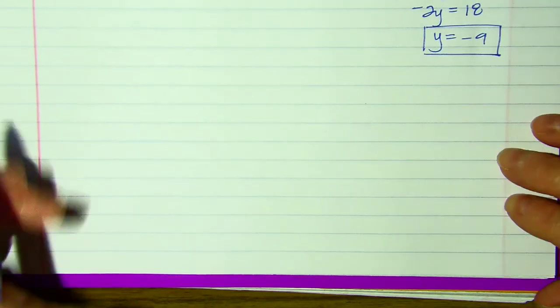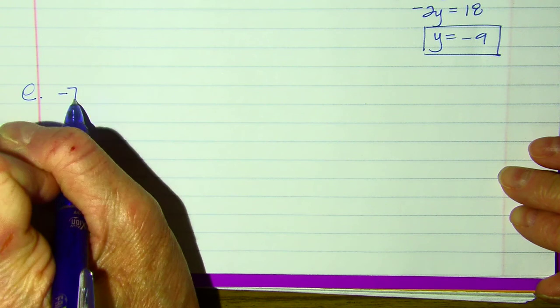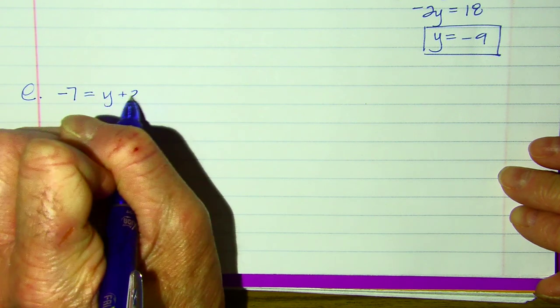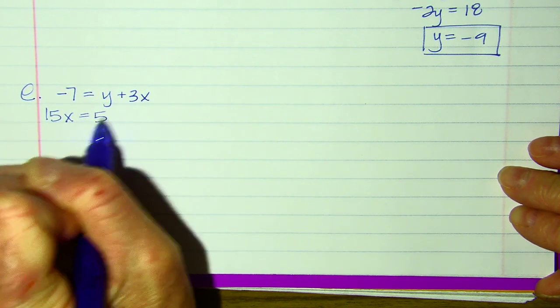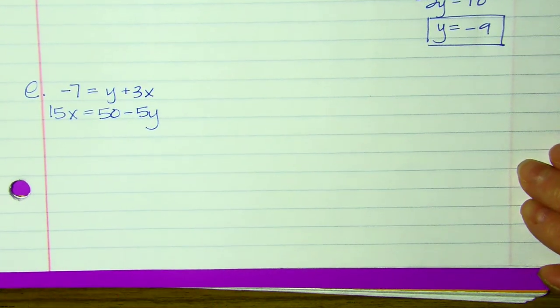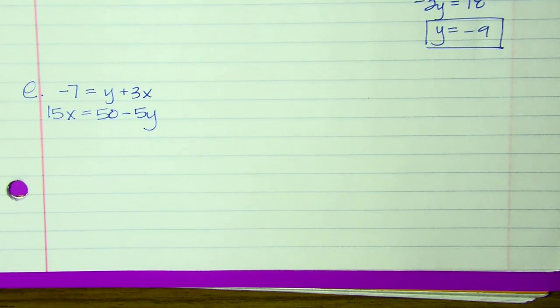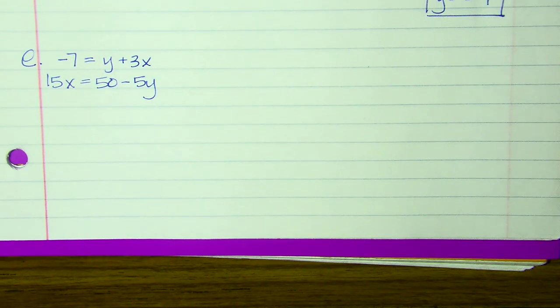E. I have negative 7 equals y plus 3x, and 15x equals 50 minus 5y. All right, now these aren't set up very nicely for us, so I'm going to get it so that I have it in standard form.